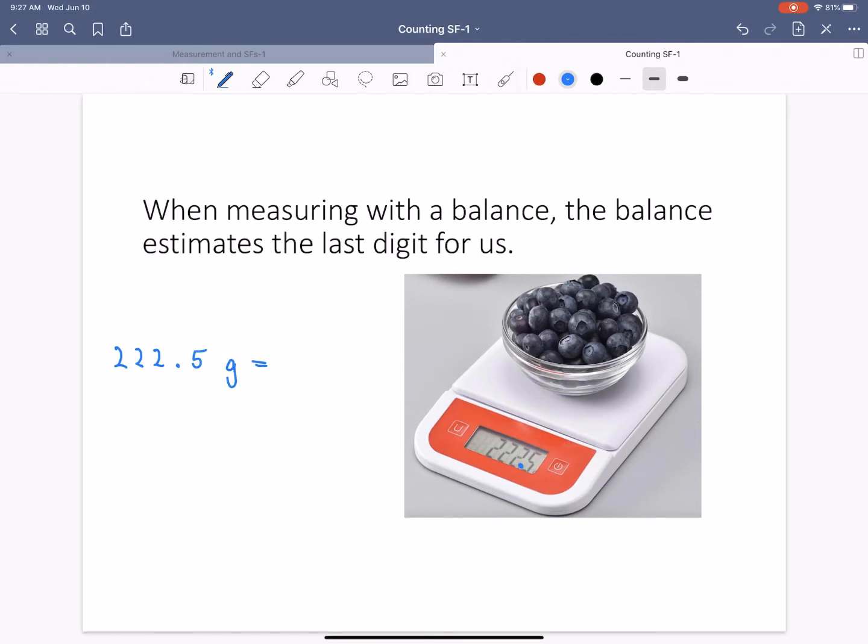That is the mass being measured. There are 1, 2, 3, 4 sig figs. This value has 4 sig figs. Because the estimated digit is in the tenths place, this balance is called a decigram balance.